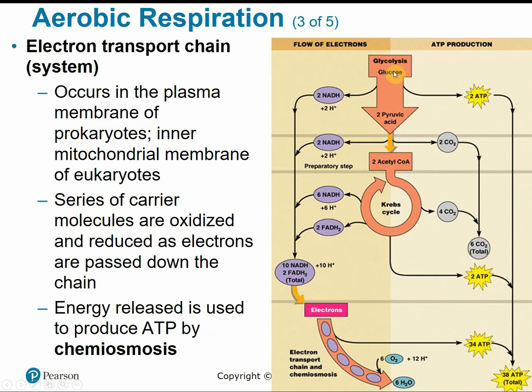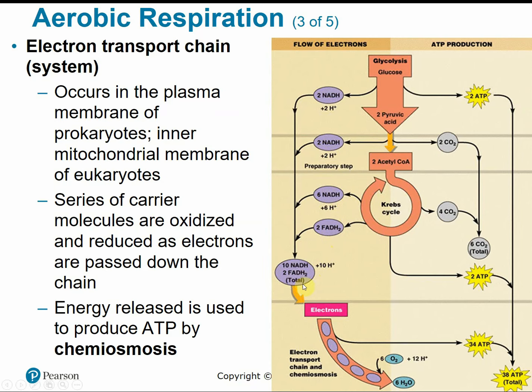So see, in glycolysis, we had 2 NADH. In the process of converting pyruvic acid to acetyl-CoA, our preparatory step, we got 2 more NADH. During the Krebs cycle, we got 6 NADH and 2 FADH. So total at the end of the process, when we're ready to cash in all of our chips, we have 10 NADH molecules and 2 FADH.